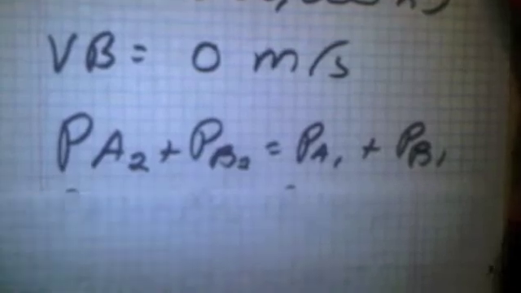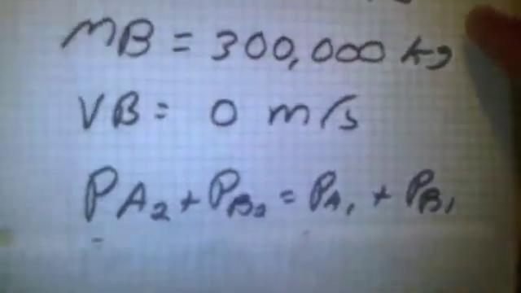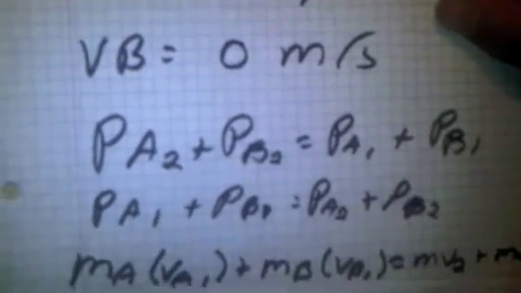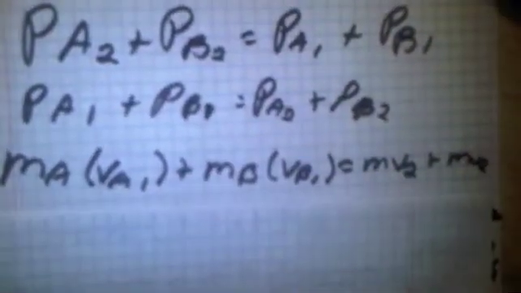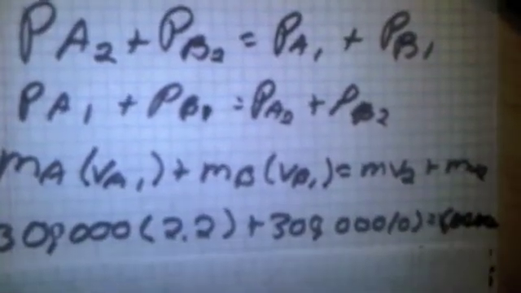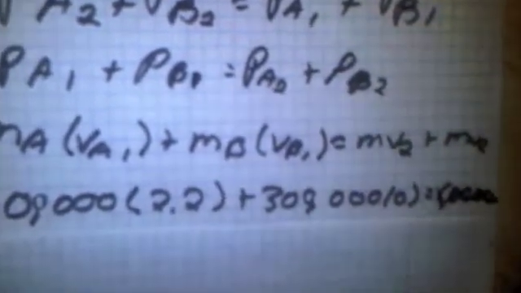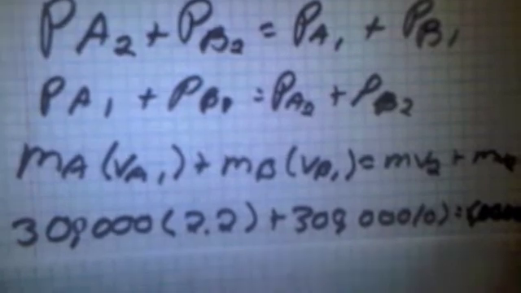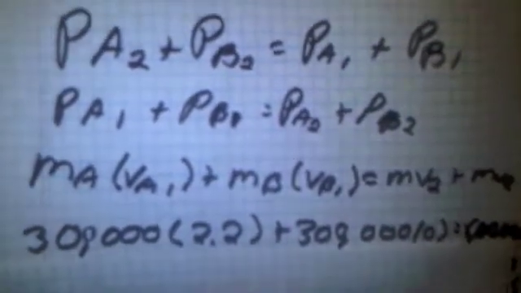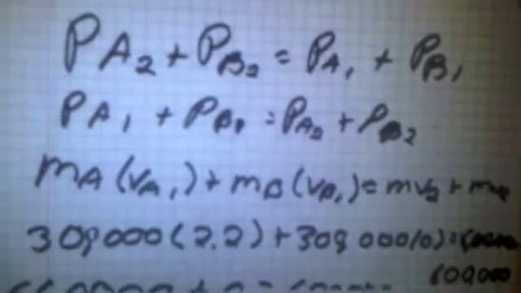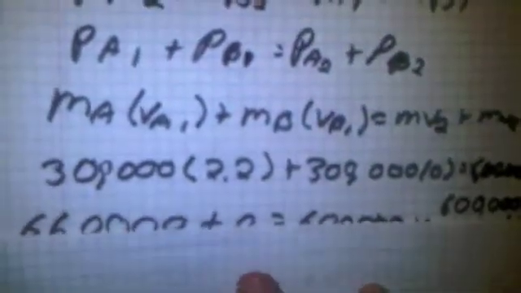Now, we are going to use the formula PA2 plus PB2 equals PA1 plus PB1. Now, we plug in. For mass A, we have 300,000 kilograms, and for first velocity, we have 2.2. We multiply that, and then we add 300,000 kilograms times 0, which equals 600,000 times V2.